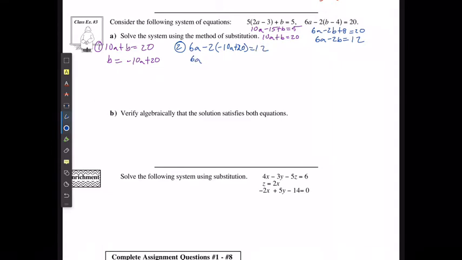Then 6a minus, sorry, not minus, plus 20a minus 40 is equal to 12. Or 26a is equal to 52, and a is just going to equal 2.